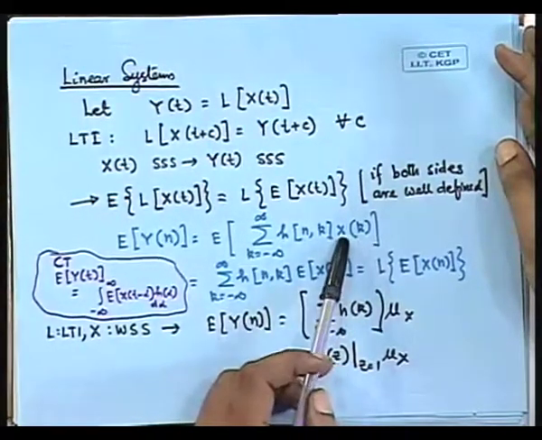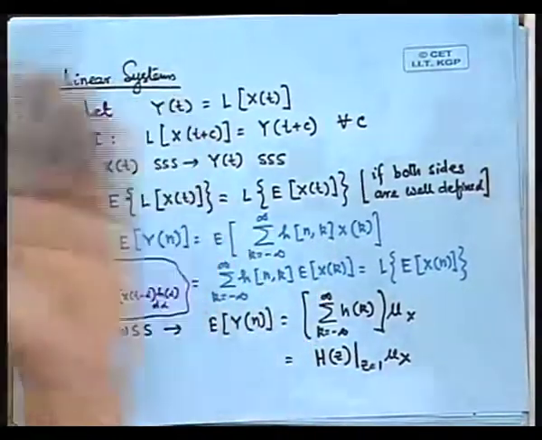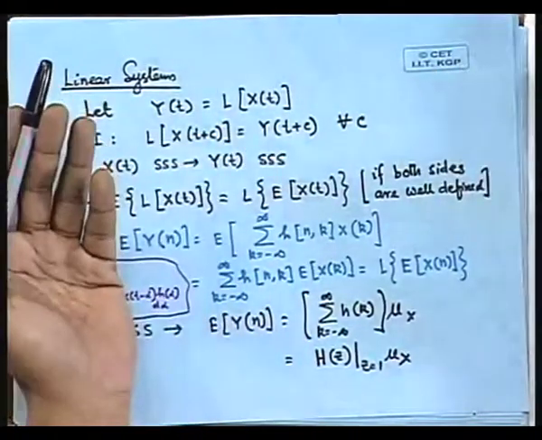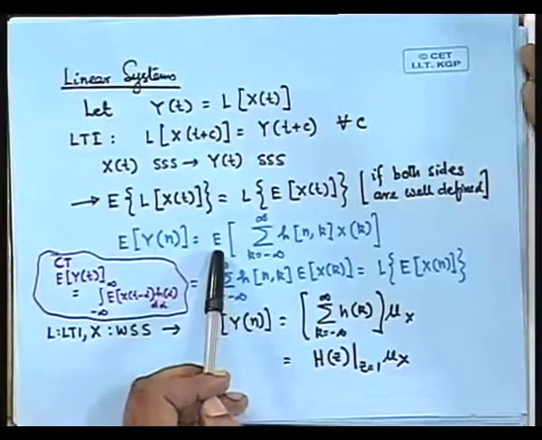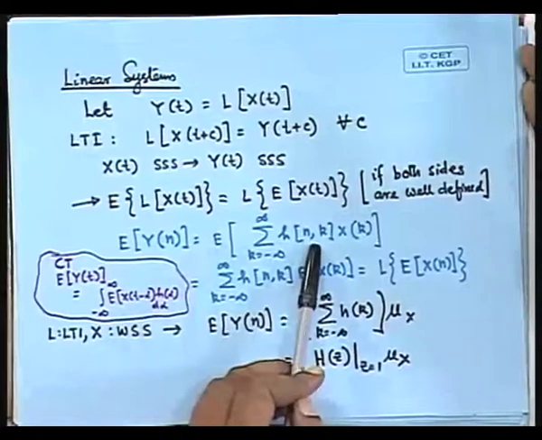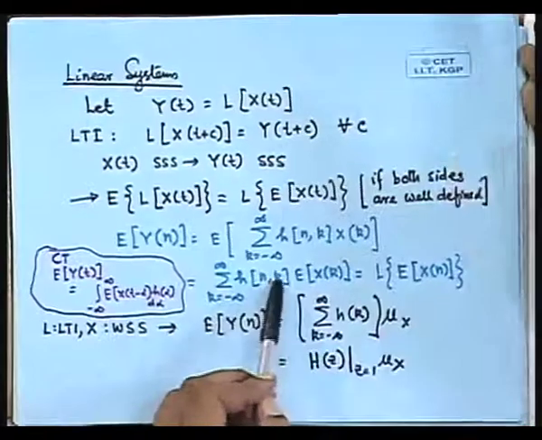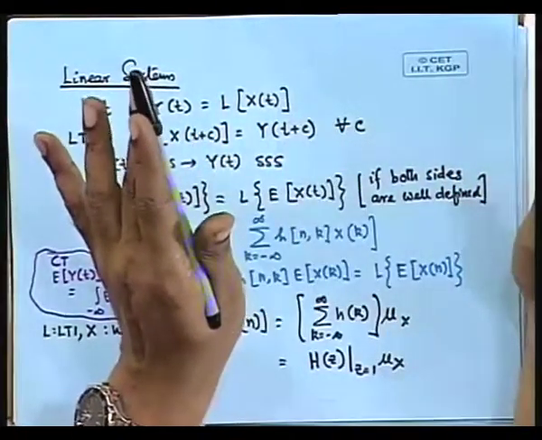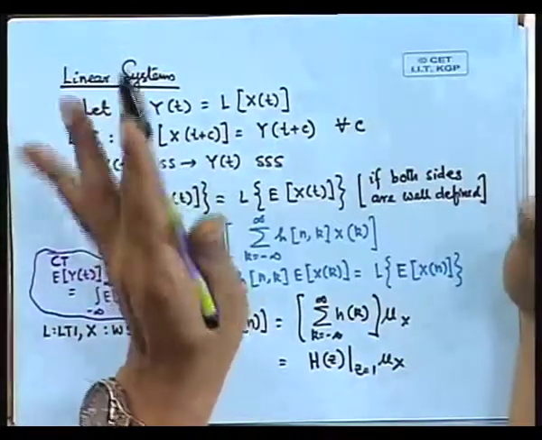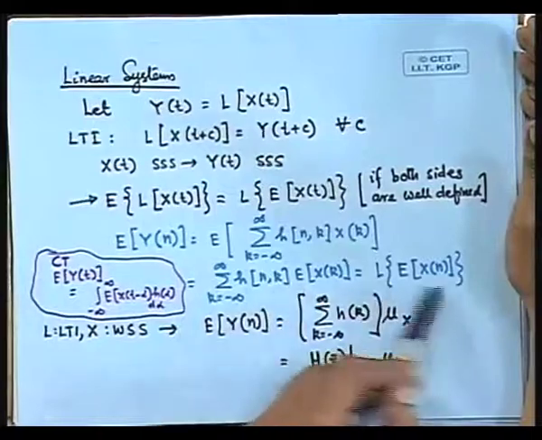If you had a linear time invariant system, then this h of n,k will be equal to h of n minus k. There will be only one argument. So now what you have to do is take the expectation inside, right? Linearity. So you can take the expectation inside, and this is a constant quantity because our system is deterministic. There is nothing probabilistic about our impulse response. That is a fixed function. So we take it inside the summation, and then it becomes this.